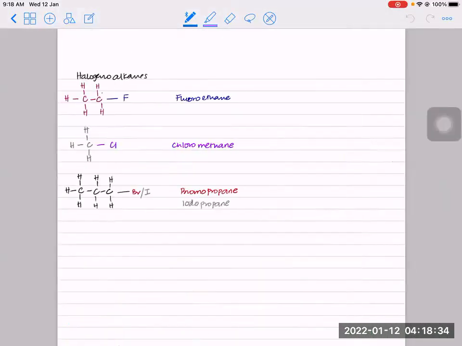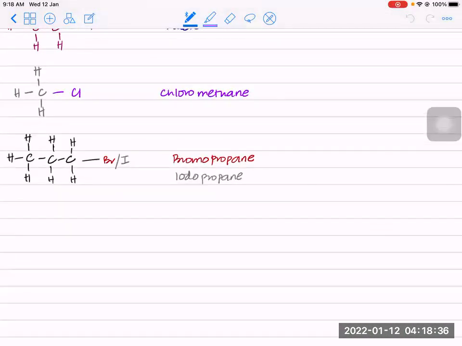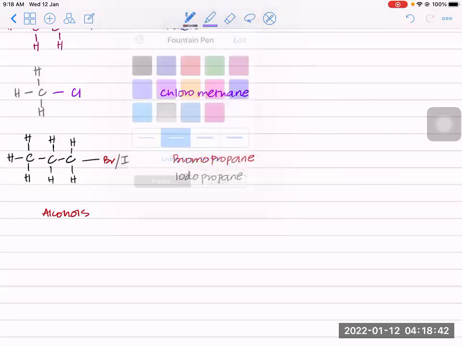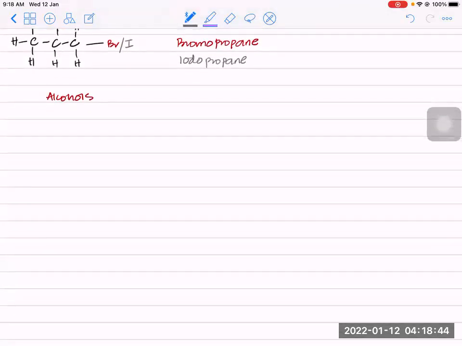The first we have is alcohols. What are alcohols? Alcohols are where you have an R group attached to an OH.